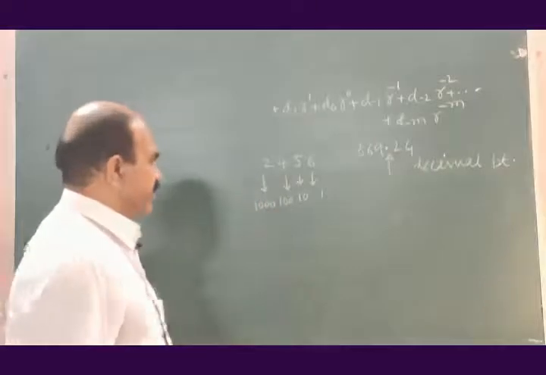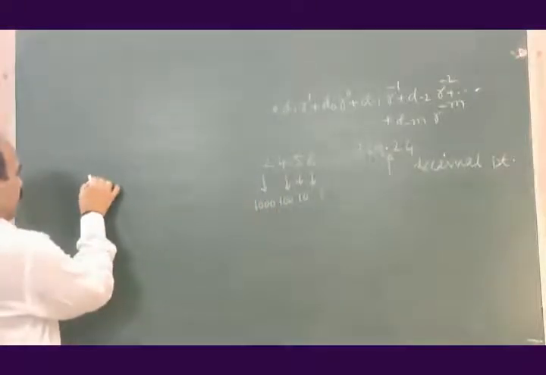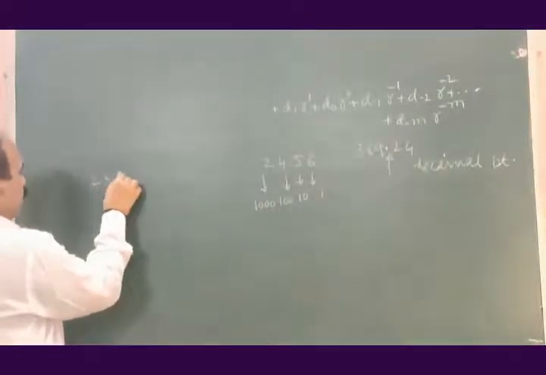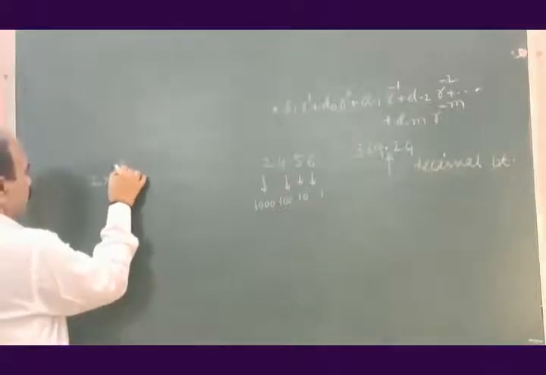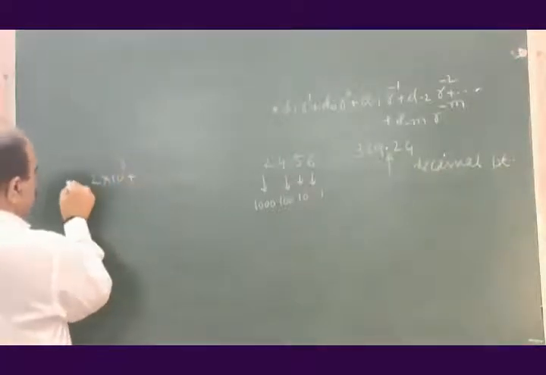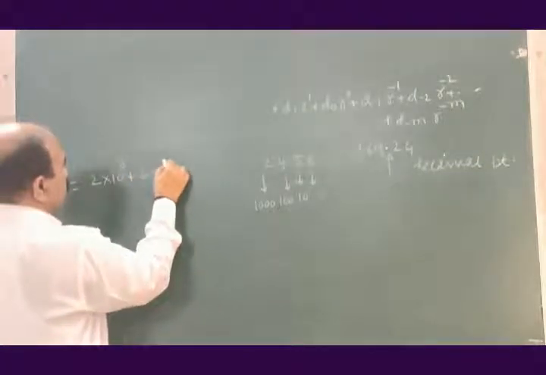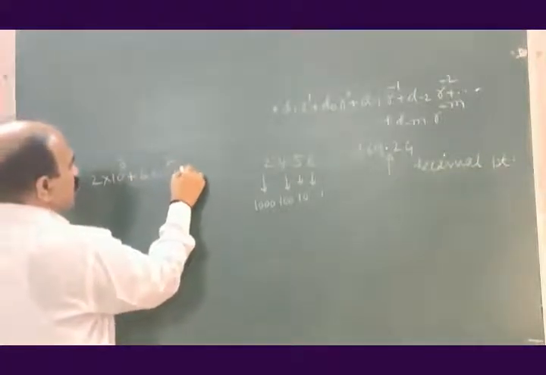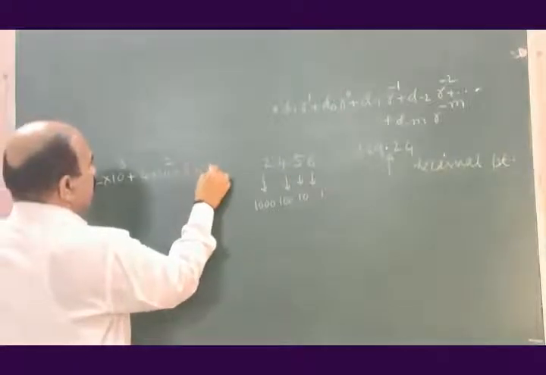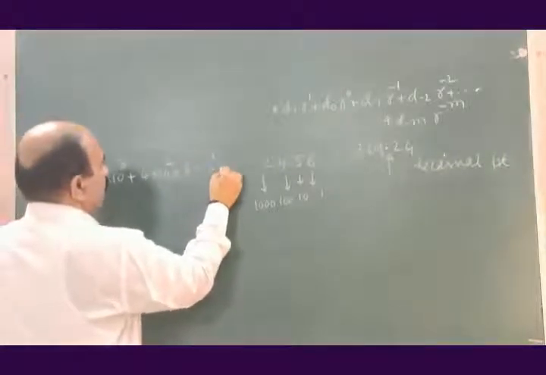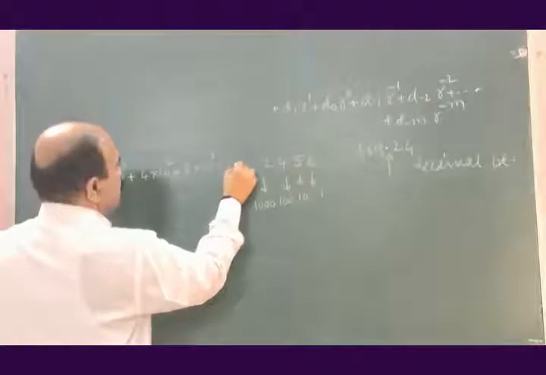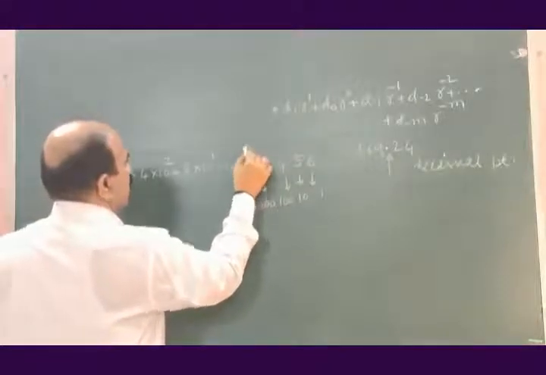How to decide this? 2 into 10 to the power 3, plus 4 into 10 to the power 2, plus 5 into 10 to the power 1, plus 6 into 10 to the power 0.